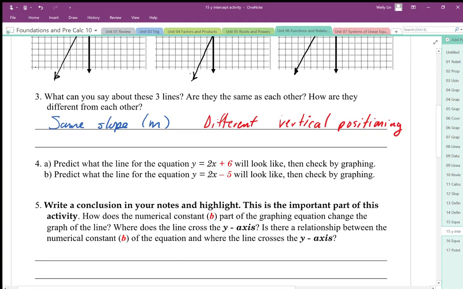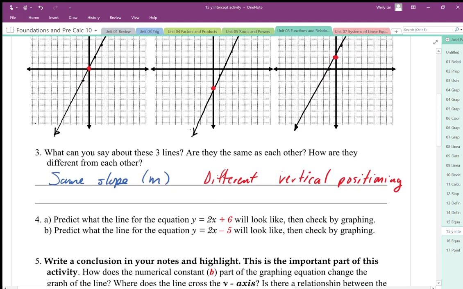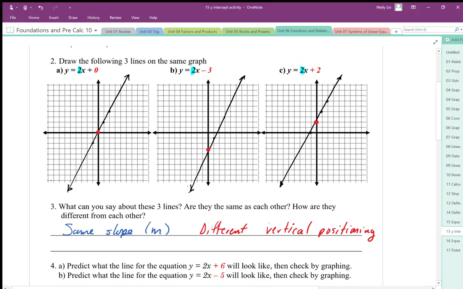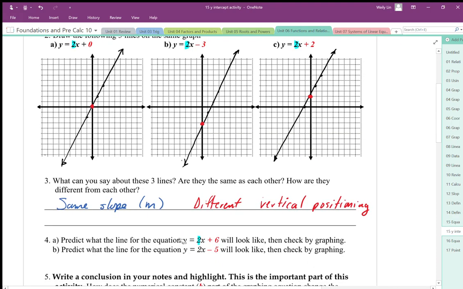So when we look at these graphs, if I take a look at 2x plus 6, it should share the same slope as 2x plus 0. The difference is the vertical positioning will be different because of that plus 6.